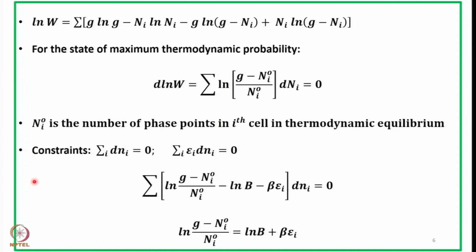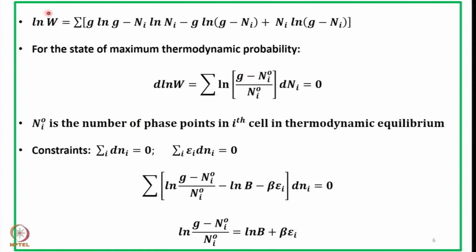Same usual procedure. We need the state of maximum thermodynamic probability. For a maxima, as we have already discussed, you need to take the derivative, and it should turn out to be 0. So therefore, for a state of maximum thermodynamic probability, your d log W can be represented as log of G minus Ni naught over Ni naught, dNi.